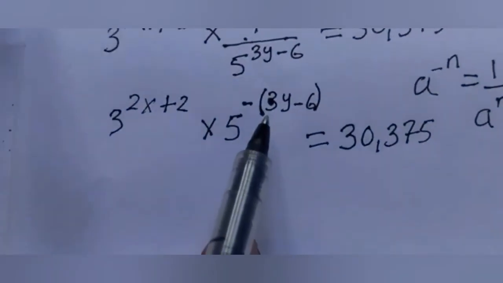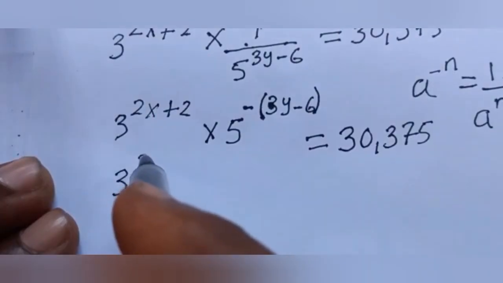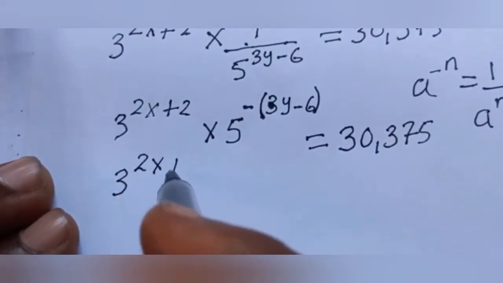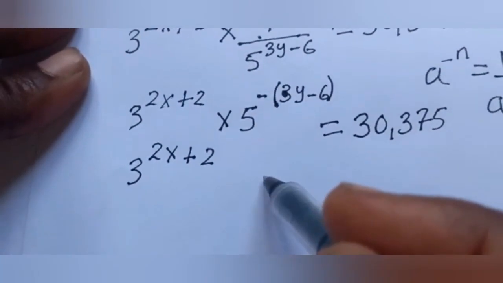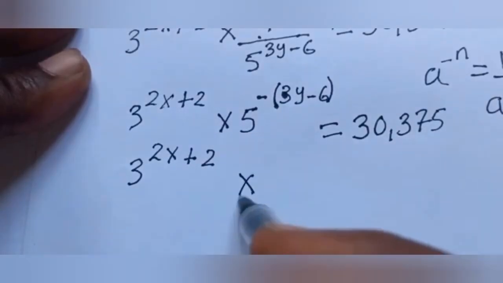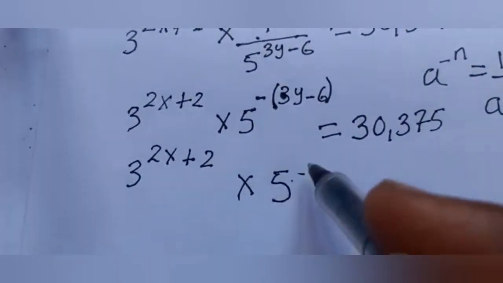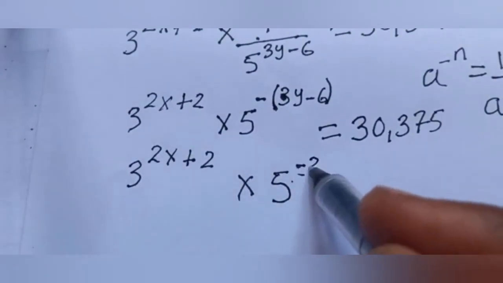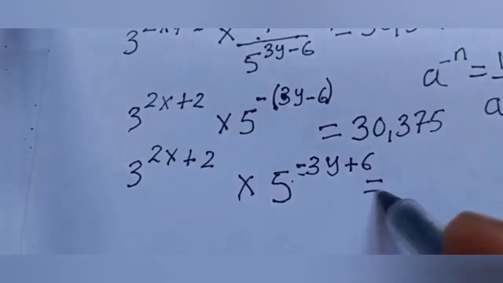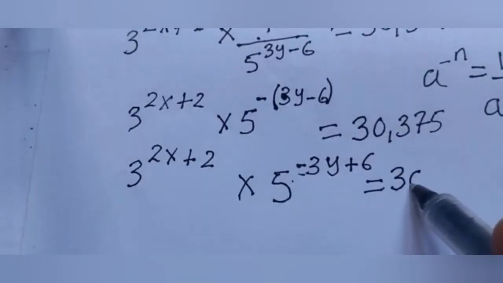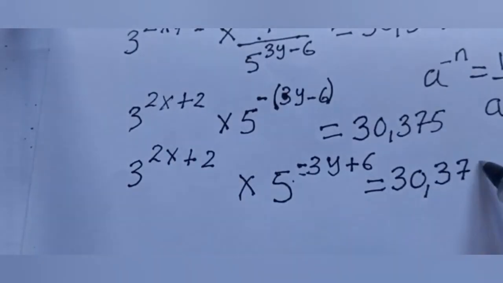So we get 3 raised to 2x plus 2 times 5 raised to negative 3y plus 6 equals 30,375.